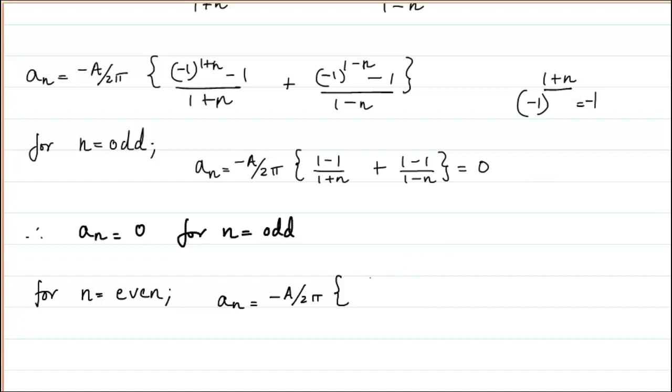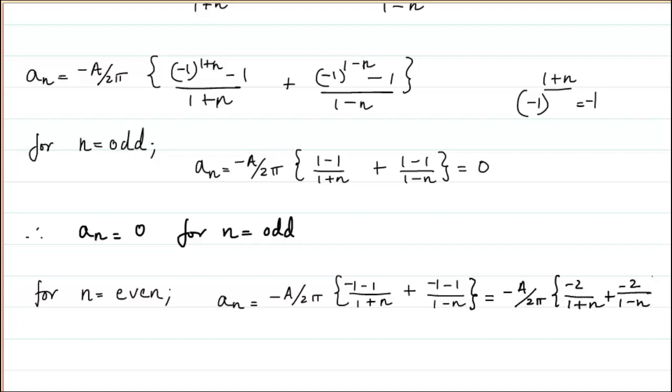So I will get minus 1 divided by 1 plus n, and plus minus 1 divided by 1 minus n. So I have to put the curly brackets, from which I will get minus a by 2 pi and minus 2 by 1 plus n plus minus 2 by 1 minus n.